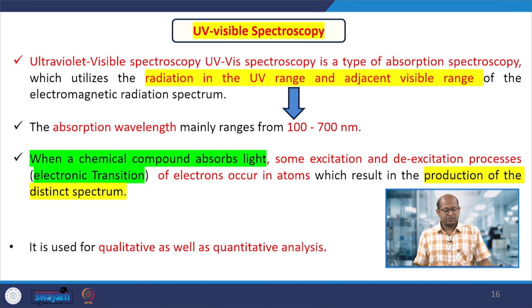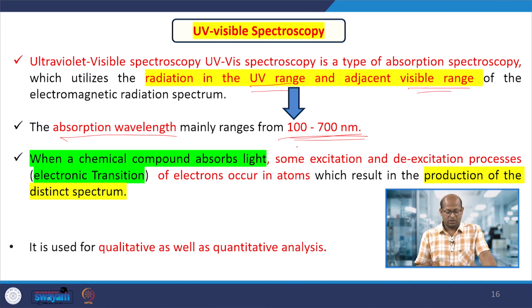Okay, so next is UV spectroscopy. That is also very useful when you have prepared some nanomaterial that is present in solution, or maybe in solid form also. That we can analyze with the help of UV-vis spectroscopy. Here the absorption wavelength range is 100 to 700 nanometers, which covers the UV range and the visible range.